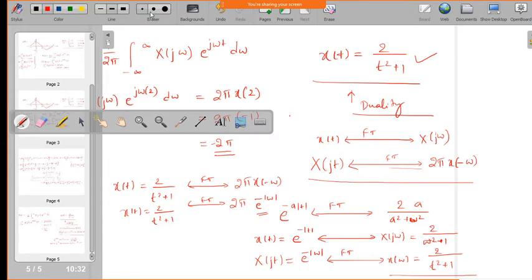Or you can take it directly: if we take x of jt as 2 by t square plus 1, the corresponding x of j omega, which we know, is 2 pi into x of minus omega. So using these results, we can write x of minus omega equal to e power minus omega.